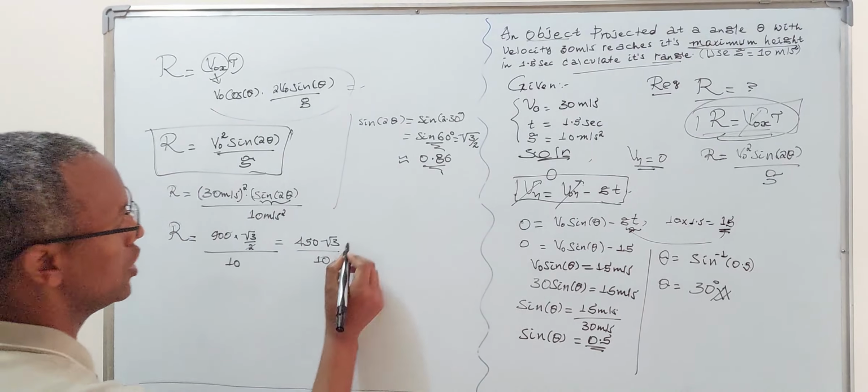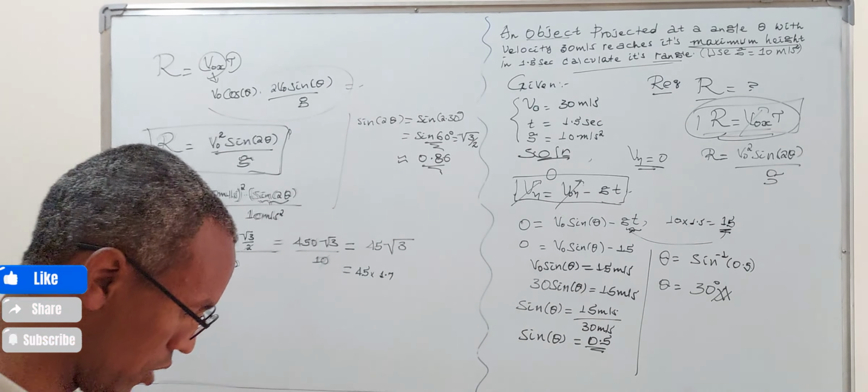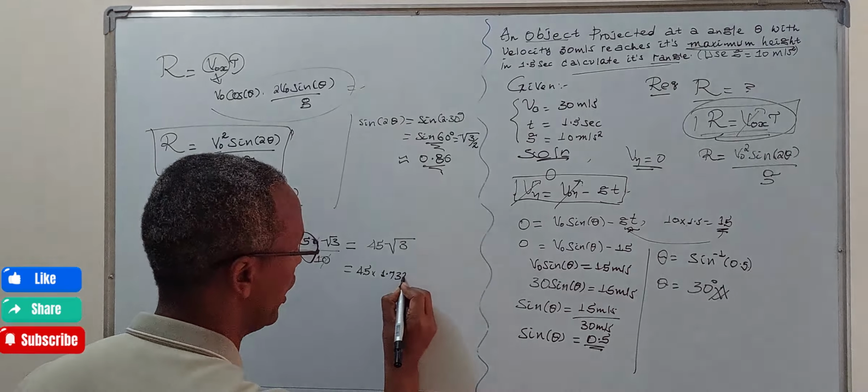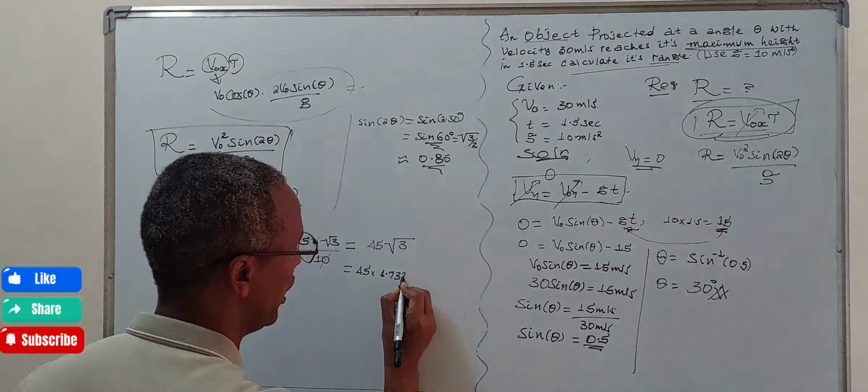Square root of 3 is 1.732, let me just double check, yes, 1.732. So finally you will get 77.9 meters. That is the final answer to question 5 from exercise 2.1.